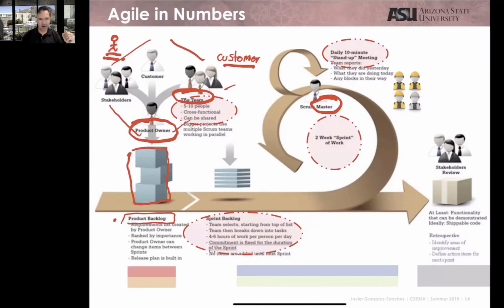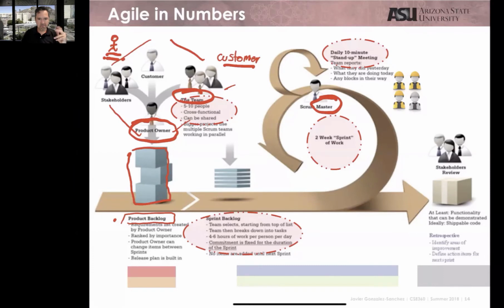Product backlog, a collection of all the requirements that you have at this point for your product. And if I translate requirements to something that you did previous week, a collection of all the user stories that you have at this point for the product.